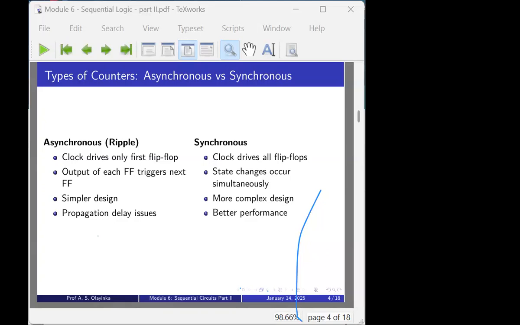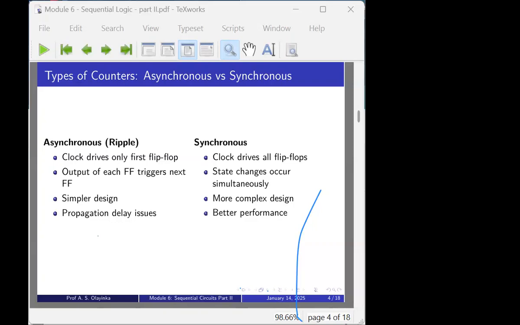So why is it asynchronous? Because all the flip-flops are not triggered or activated at the same time. The first one needs to work and produce output to be able to activate the next, and so on within the circuit.